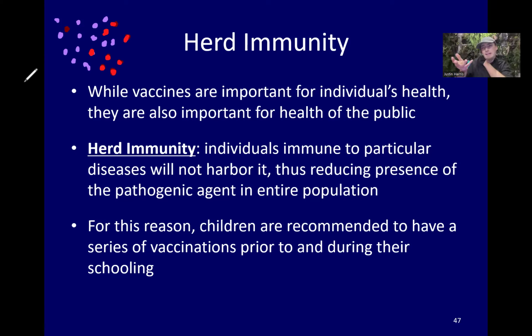Vaccines are foreign materials entering the body. The non-specific response to foreign materials is the second line of defense, which is innate immunity, and a part of that is inflammation.